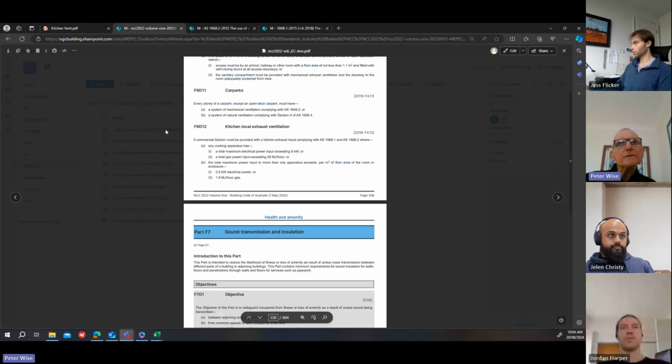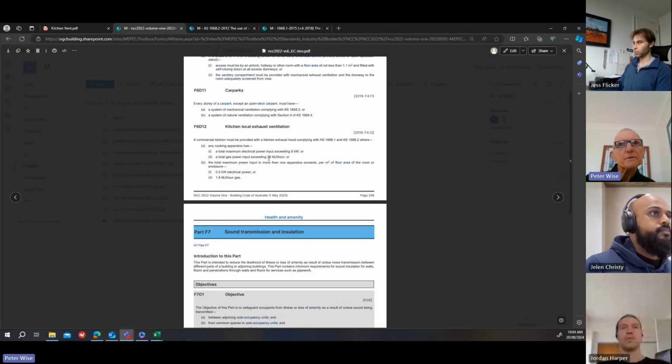So the NCC, firstly, F6D12. Part F, or F6, of the NCC talks about light and ventilation, and so we're interested in ventilation. This talks about a commercial kitchen must be provided with a kitchen exhaust hood under these conditions: a total maximum electrical power input exceeding 8 kilowatts, or total gas power input exceeding 29 megajoules an hour.